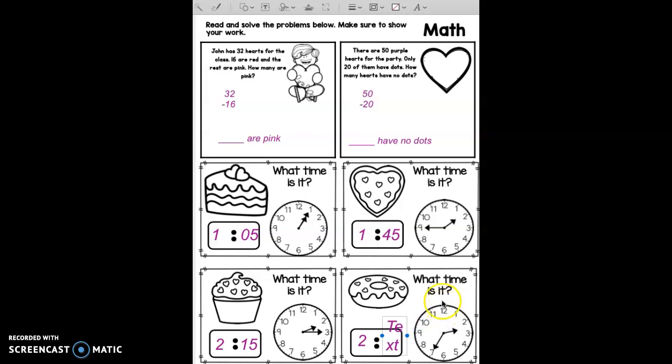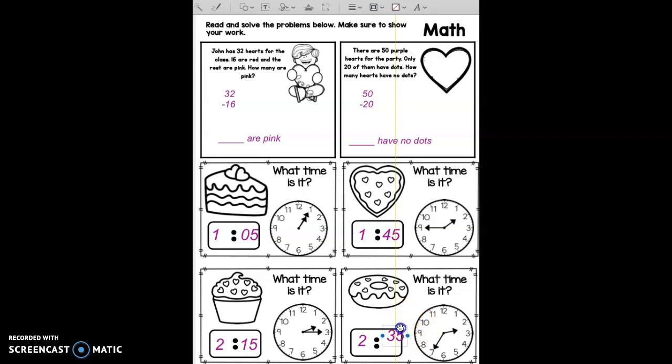And then we count our minutes. Starting at the 12, count by 5s all the way to this minute hand. And it's 5, 10, 15, 20, 25, 30, 35. So the time is 2:35.